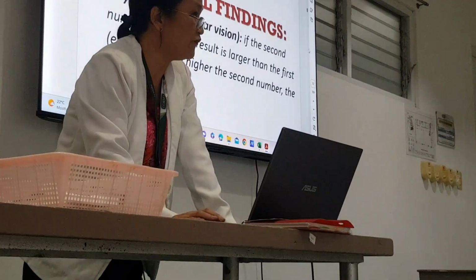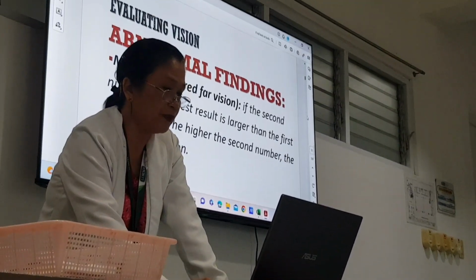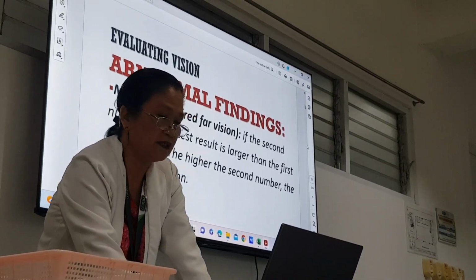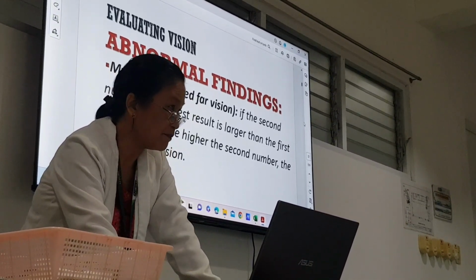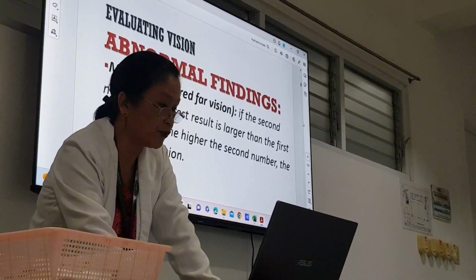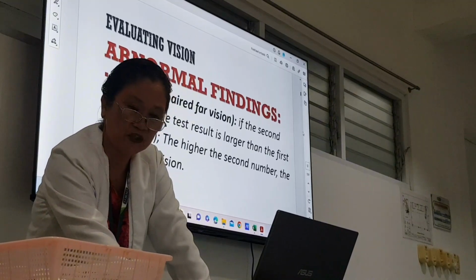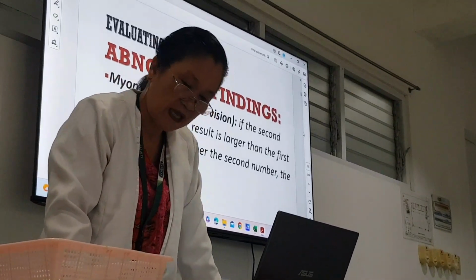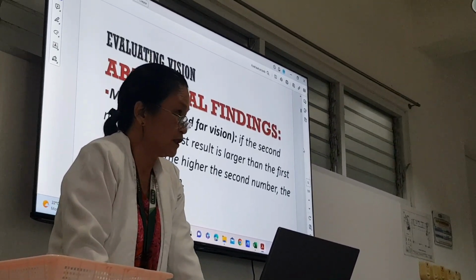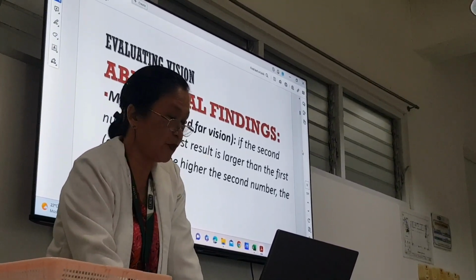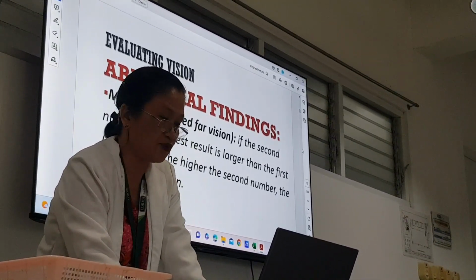So your abnormal findings, myopia, or your impaired far vision, if the second number in the test result is larger than the first, example given is 20/40, the higher the second number, the poorer the vision. So if number 5, pag ano na yan, okay. That is your 20/40 dito sa ating Snellen chart.